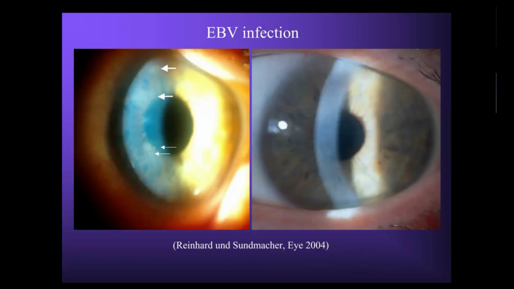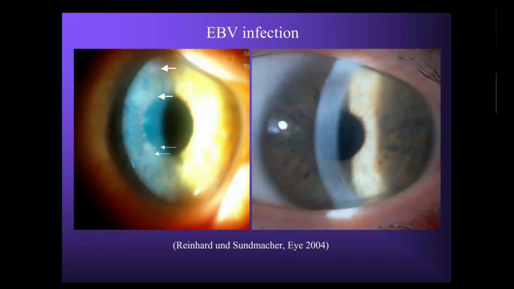My last slide concerns Epstein-Barr virus. It's again a virus of the herpes group, and up to 2004, when I published that, there were only 12 cases. That is the 13th case in the world literature published regarding EBV infection. Here we have precipitates and some infiltrates of the cornea.